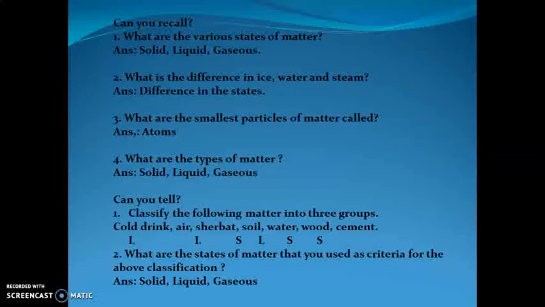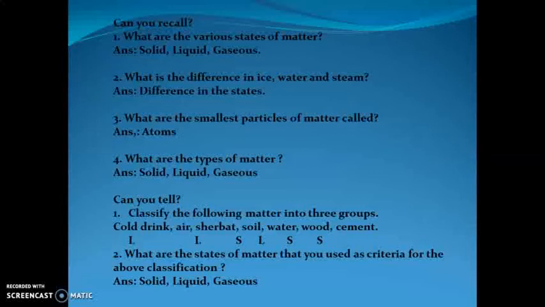Classify the following matter into three groups. Cold drink is a liquid, air is gaseous, sharbat is a liquid, soil is solid, water is a liquid, wood is solid and cement is solid.